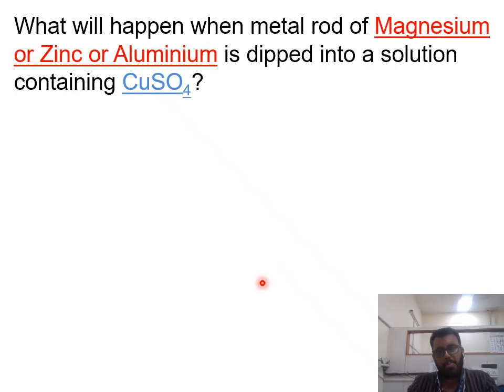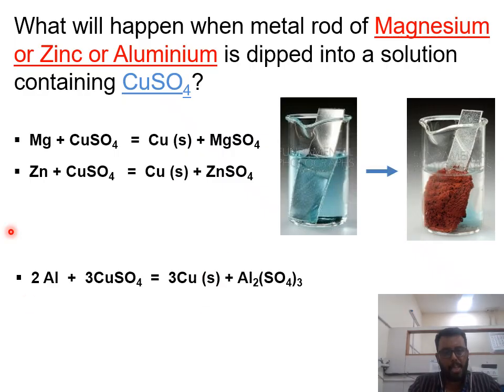So what will happen when a metal rod of magnesium or zinc or aluminum, any metal, is soaked in copper sulfate? Copper deposits will be formed and magnesium ions will be formed. Initially, the copper sulfate solution will be blue, but once you immerse a magnesium rod or a plate or a foil, whatever you name it, then it becomes brown in color.